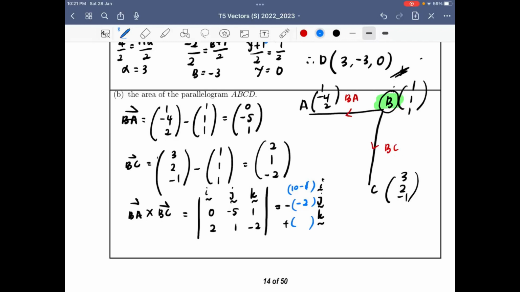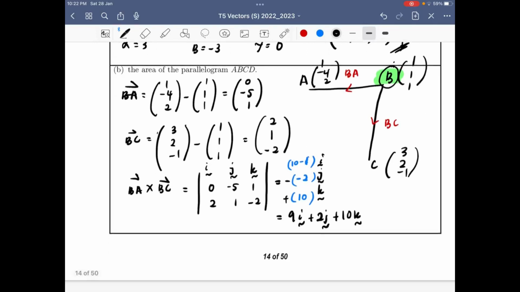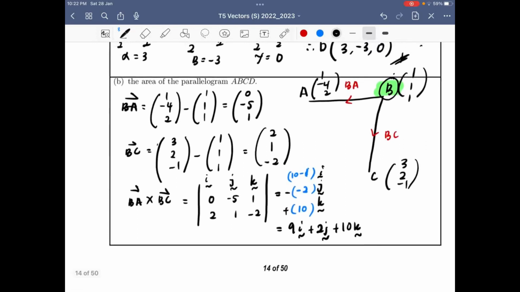And then for the k part, we get positive 10. So what we'll have here is -9 plus 2 and plus 10. Overall is 9i plus 2j plus 10k.